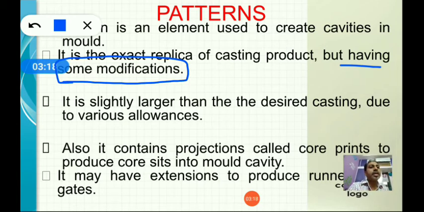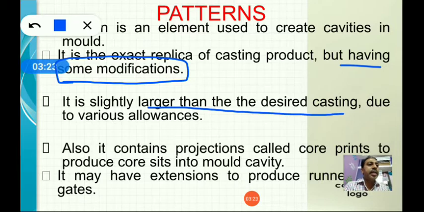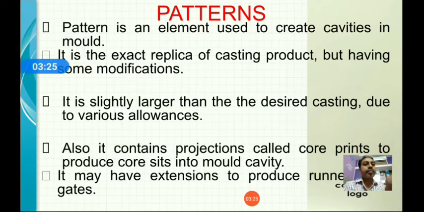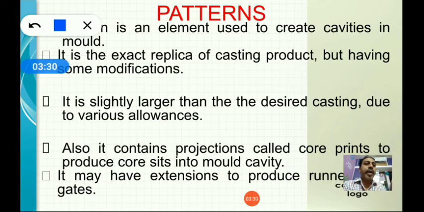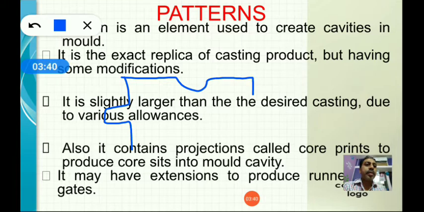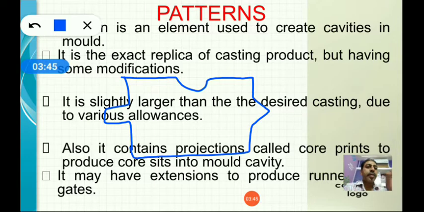The pattern is larger in dimension than the desired casting.